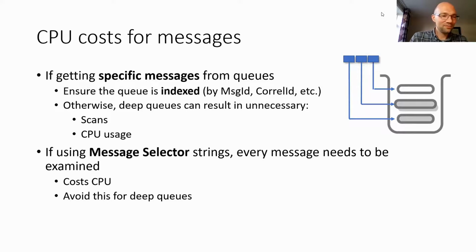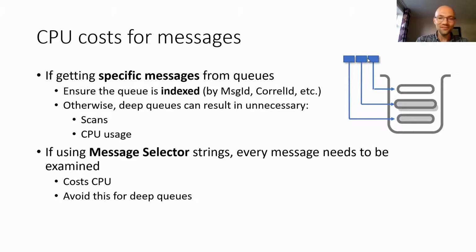There's a similar consideration when you're using message selectors. This is where you can specify on your MQGet a little piece of text that looks a little bit like an SQL query, saying that you want a message returned where, for example, it has a property that says color equals green.